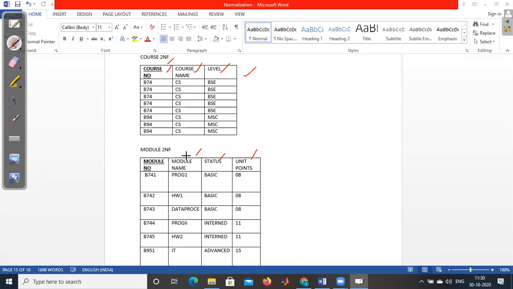Here in the module table, module number, module name, status, and unit points. If you know the module number, you can get the module name, status, and unit points. See, if you know the status also, you can get the unit points.